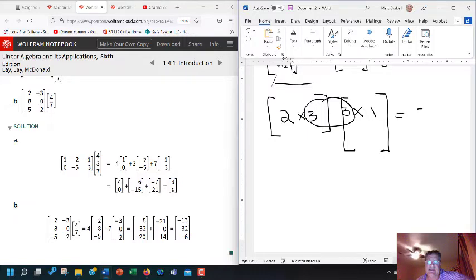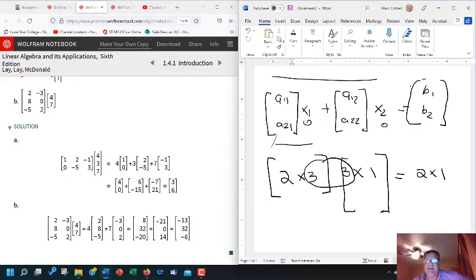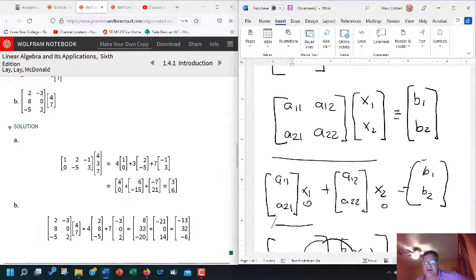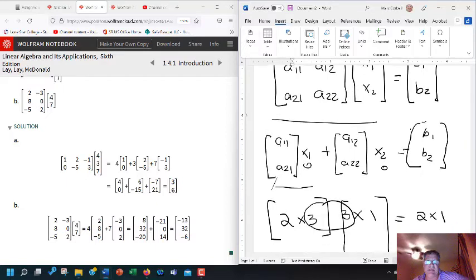And the result is what's left over, which is the 2 by 1. On the top, we had the same thing going on. If you notice here, we had a 2 by 2 here. This is 2 rows times 1 column, so the result is going to be 2 rows times 1 column. The inner parts match, the outer parts define the result of our multiplication.